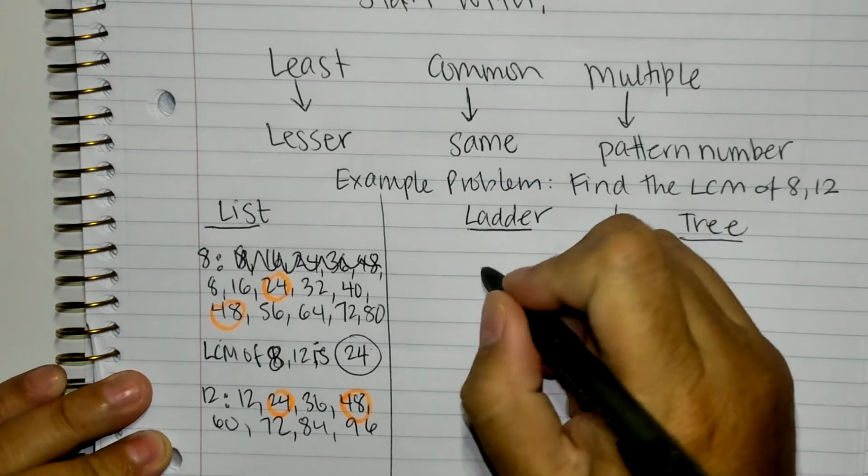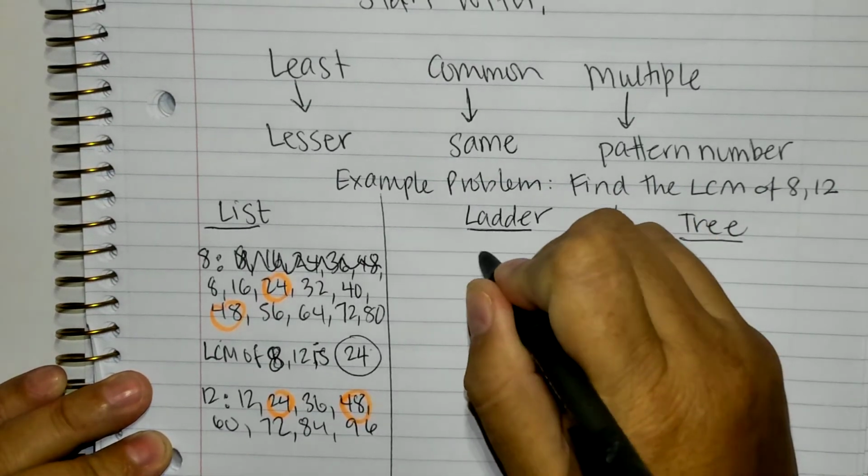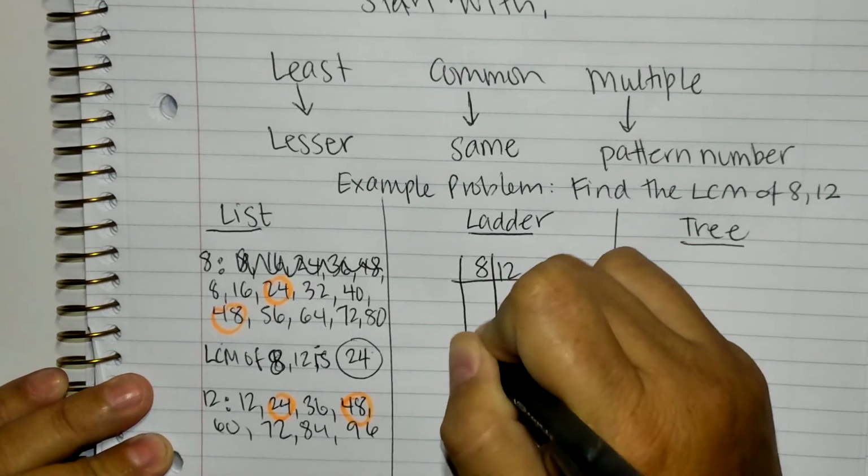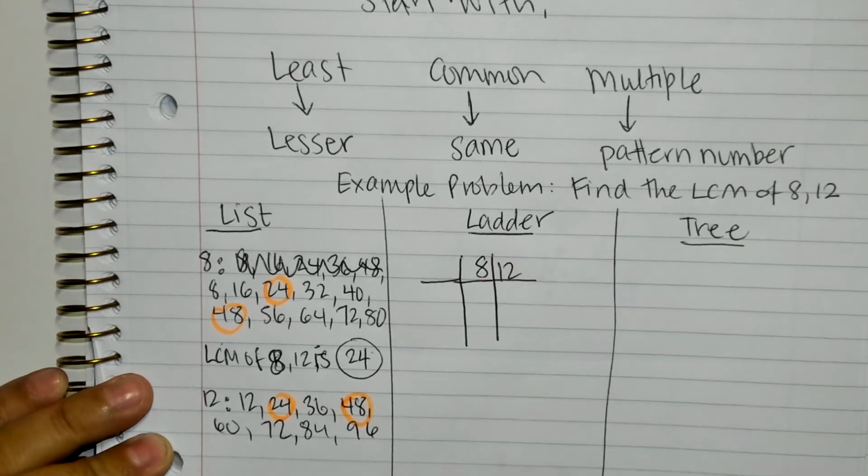Here's our ladder method. And I'm going to come back to the ladder when we have, there's a trick, definitely, that we need to know for this ladder method with LCM. And I'm going to come back to it because this example problem doesn't have it.